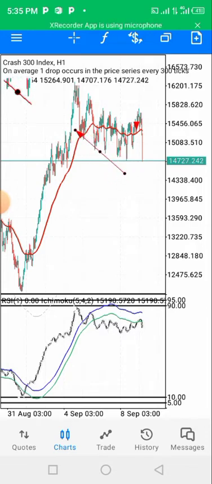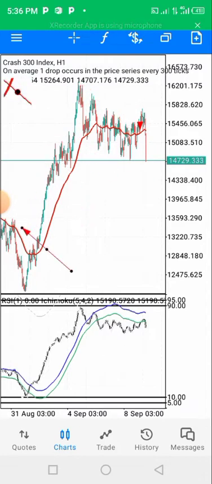That means the market was on an uptrend up to this level, but from this level down to this level is forming a downtrend. That means we are having a downtrend market from this position here. It was all uptrend from this level to this level, but we started having a downtrend at this level.